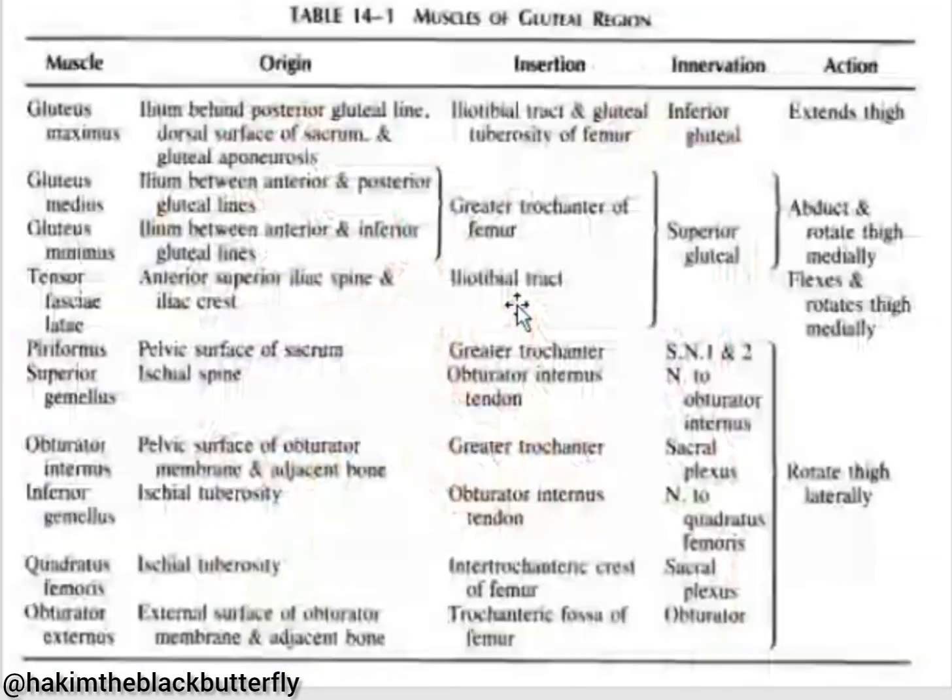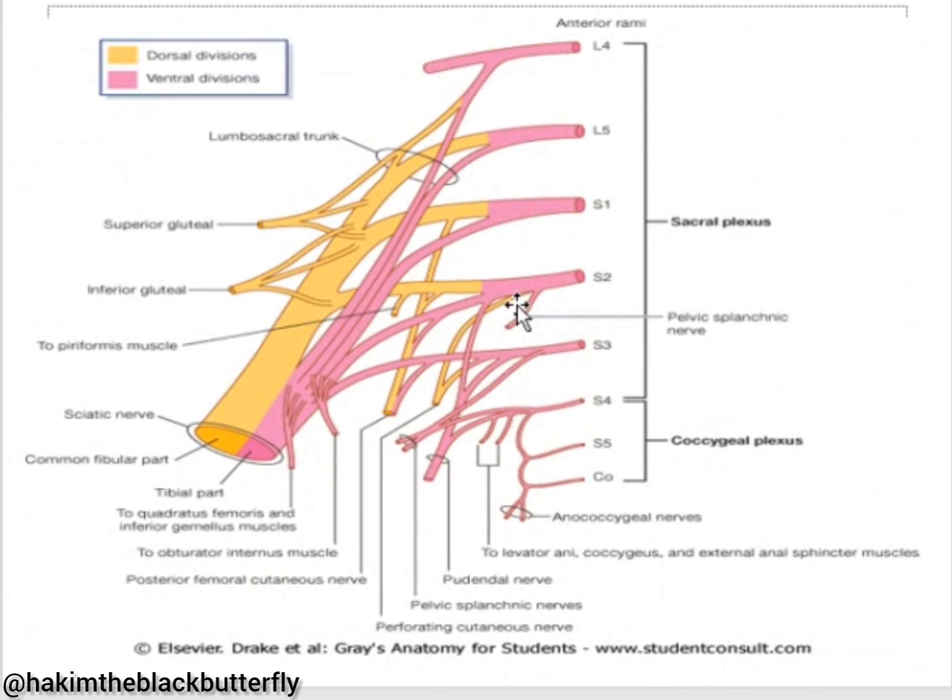Now, I want you to remember these nerves which are coming from the sacral plexus, from L5 to S4. These nerves are branches of the sacral plexus. For example, the nerve to quadratus femoris.